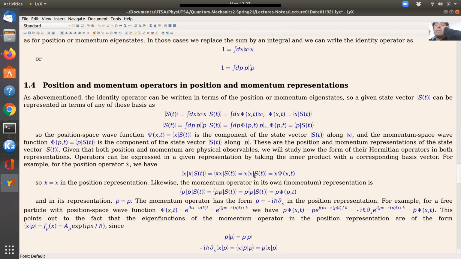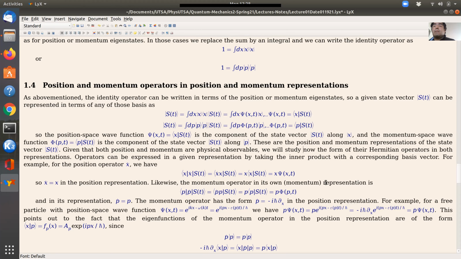And then basically this will take out the element x, because you'll get an x here, you can take it out. It's a real number, so there is no effect in terms of the complex conjugation. And then you have again x with s, which was psi, right? So what is clear from here is that x is equal to basically multiplying by x in the position representation.